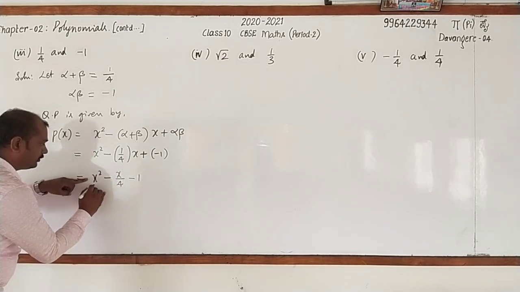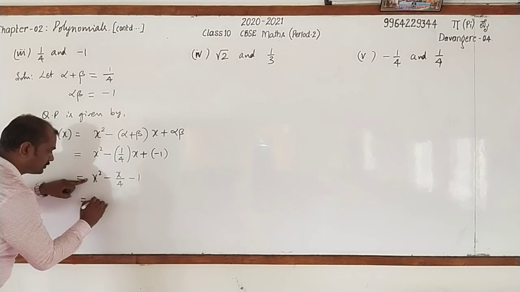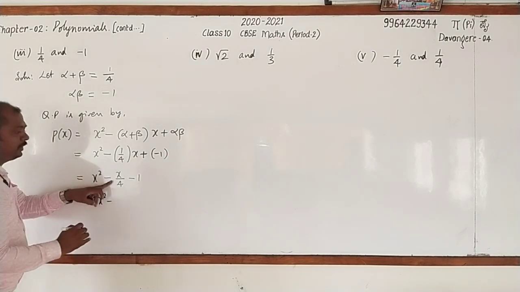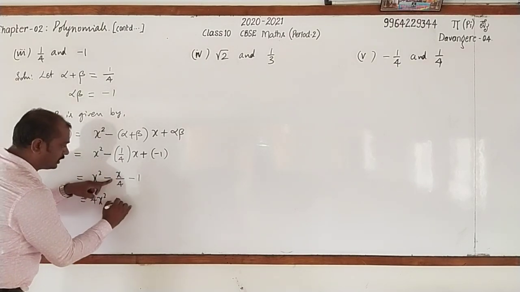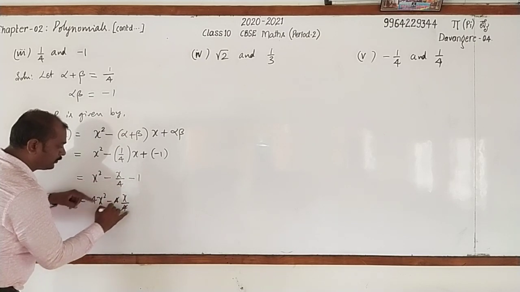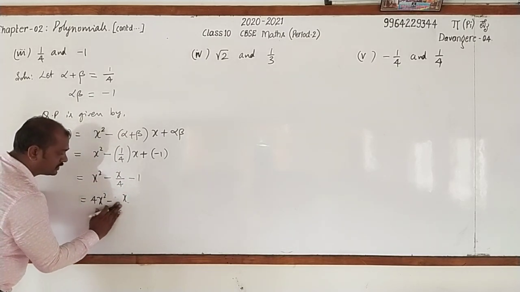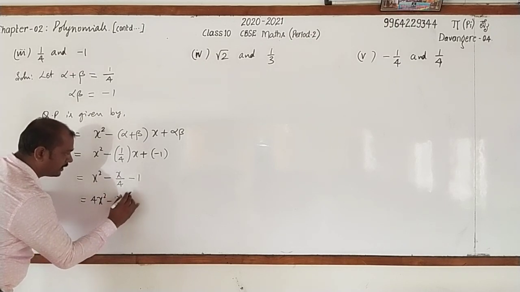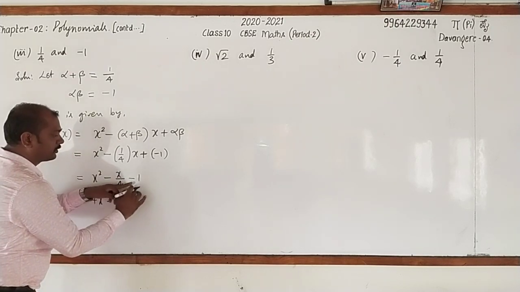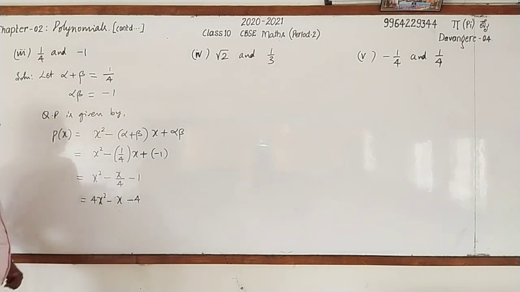Hence I am going to multiply 4 with all the 3 terms. Then when you multiply 4 here, it becomes 4x square. When you multiply 4 to the second term, 4 into x by 4, 4 get cancelled, x will remain. Clear? So just x only. Minus, multiply 4 with 1, it is 4.